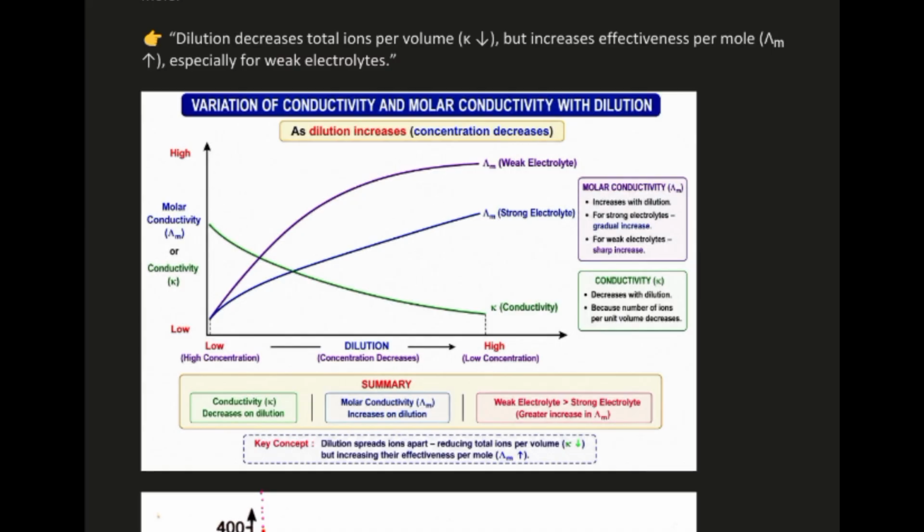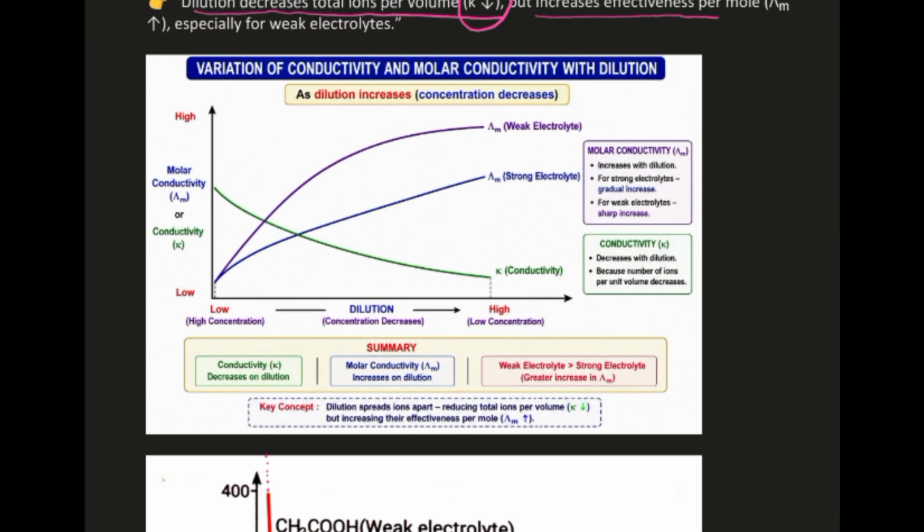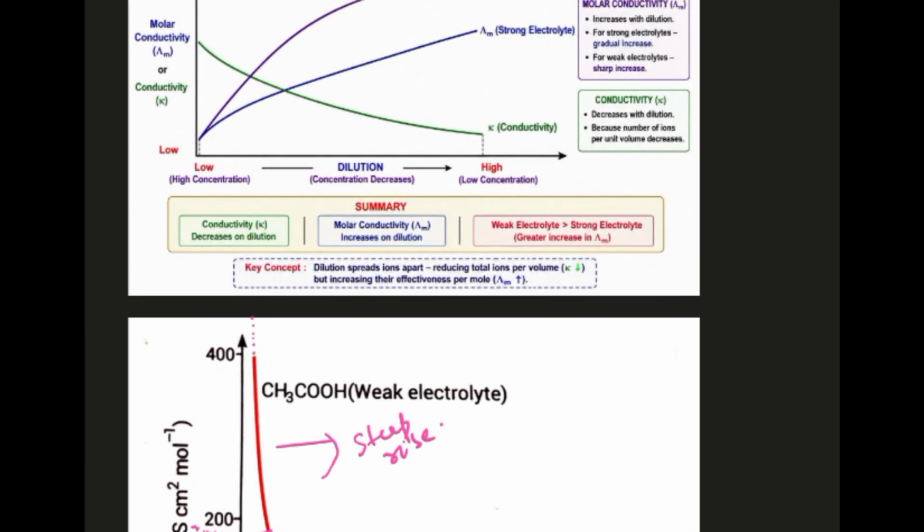So dilution decreases total ions per unit volume, so kappa is decreasing, but it increases effectiveness per mole. So lambda m is increasing, especially for weak electrolyte. For strong electrolyte, we can see there is a steep rise. So this is the overall plot showing conductivity and molar conductivity.